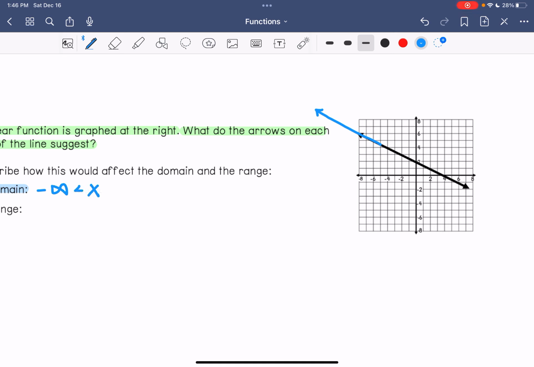And to the right, same thing. It looks like our graph stops at +7 to the right, but it doesn't. There's this arrow that takes it further and further, forever and ever to the right, all the way to +infinity. Another way to say from negative infinity to infinity in math is to say that our domain is all real numbers.